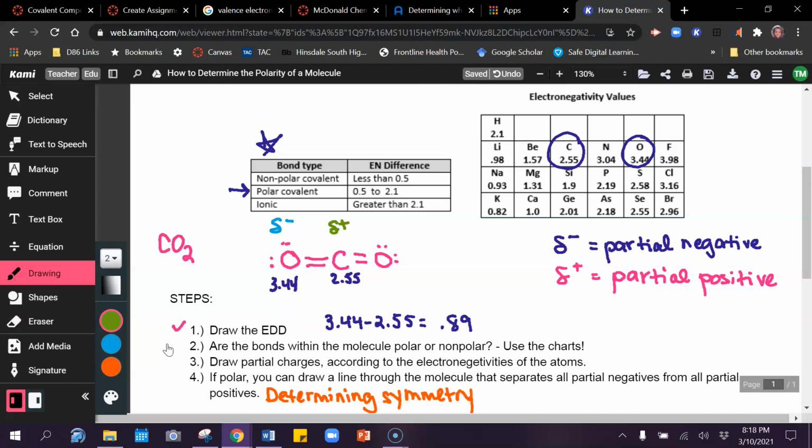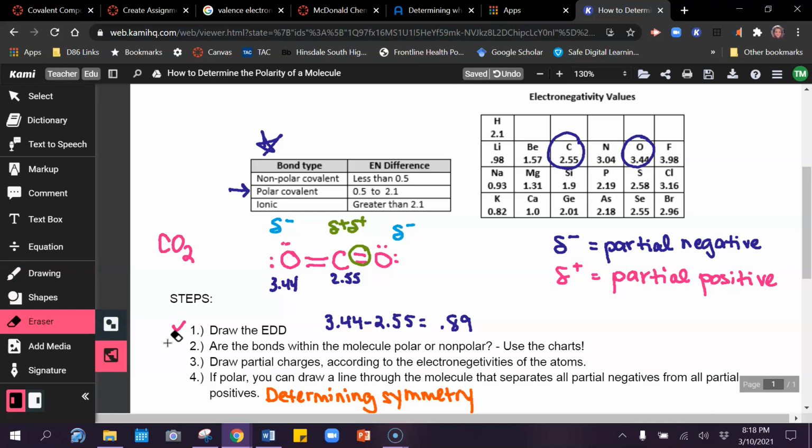Now, what about my other bond? Well, once again, just like with water, I'm dealing with the same atoms, so I'm going to end up with the same result. So once again, my carbon is going to have a partial positive, and my oxygen is going to have a partial negative charge.